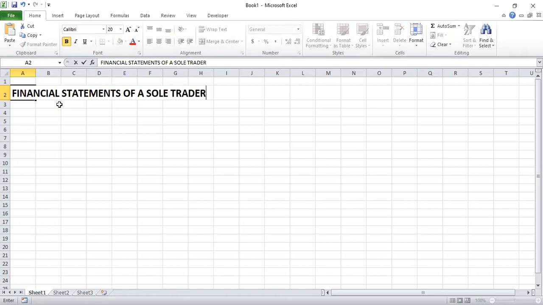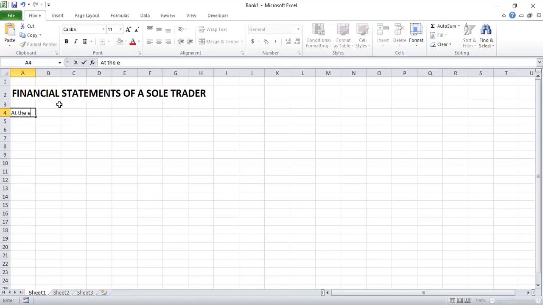Whatever we're talking about throughout the semester, we're talking about recording of transactions straight from the source documents, recording in the books of original entry, posting to the ledger, then the trial balance. After that, the summary of the financial statements will then be presented.